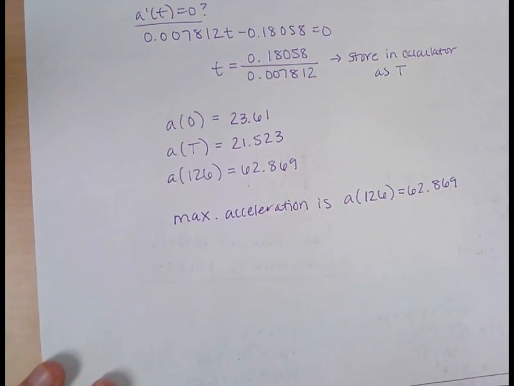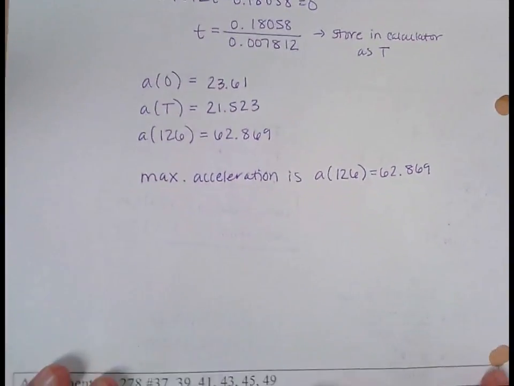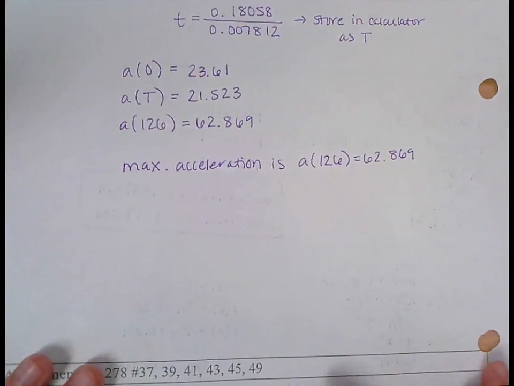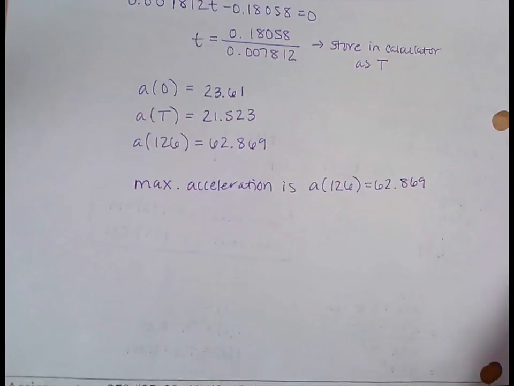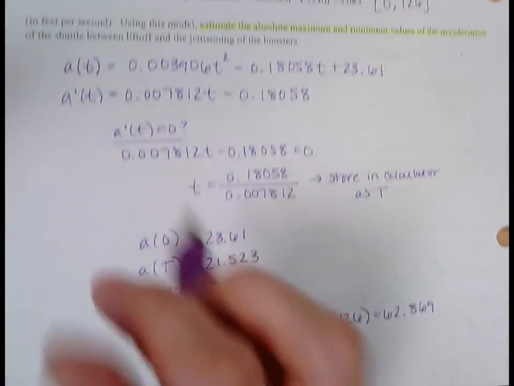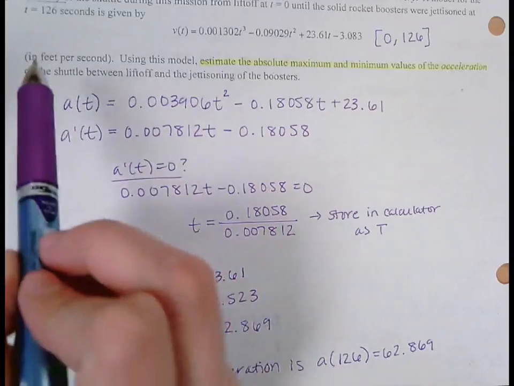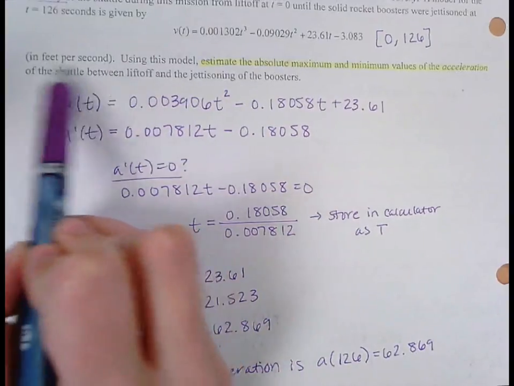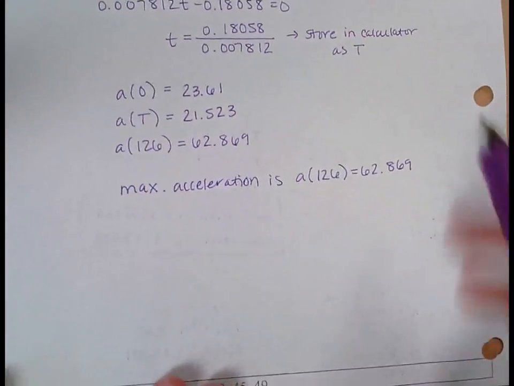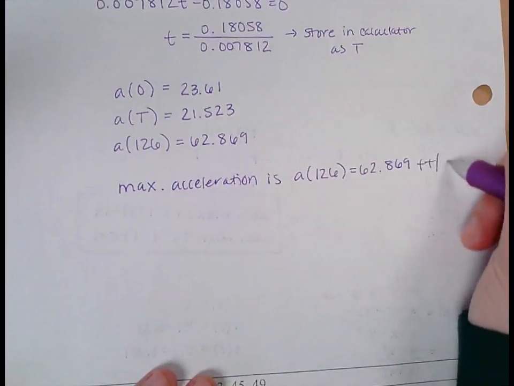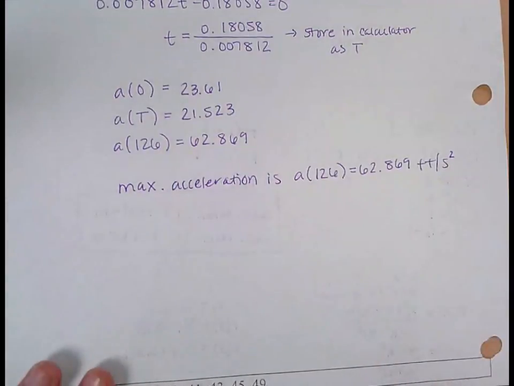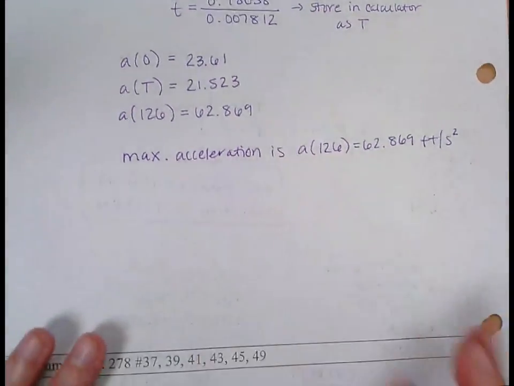What would the units be on the acceleration? You need the answer for the velocity, which is in feet per second. So it'd be feet per second squared. Well, you're given units, so you should include units.